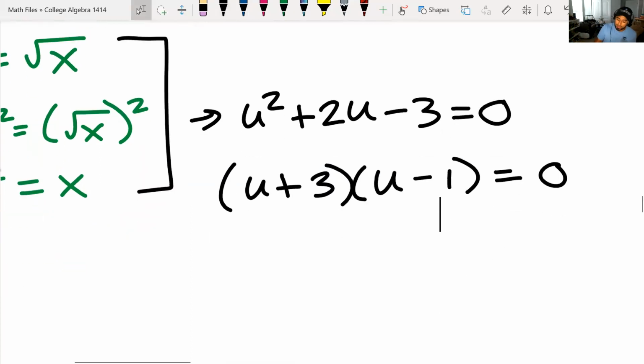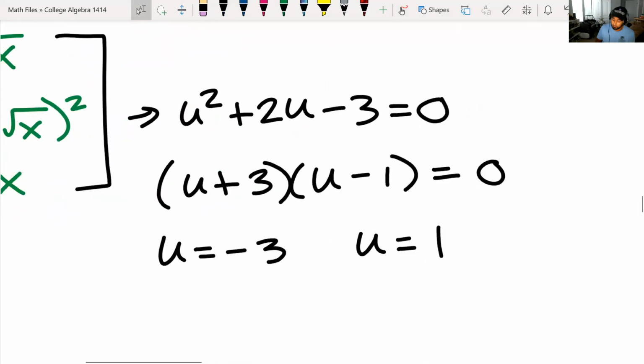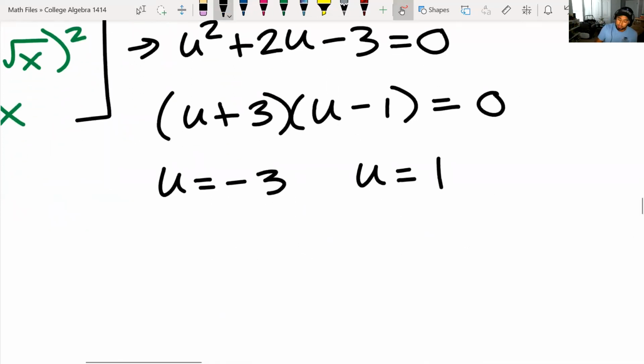Now set them equal to 0. u equals -3, and u equals 1. But what was u? U was the square root of x in this problem. So bring that back.